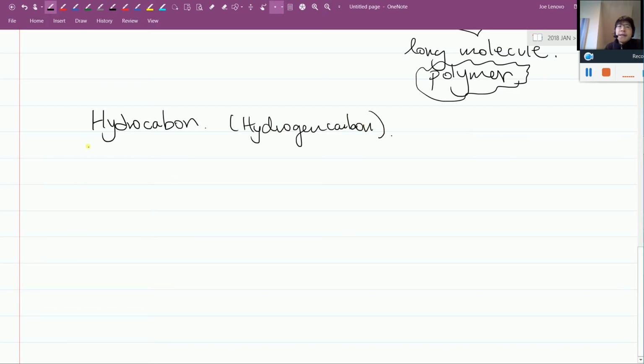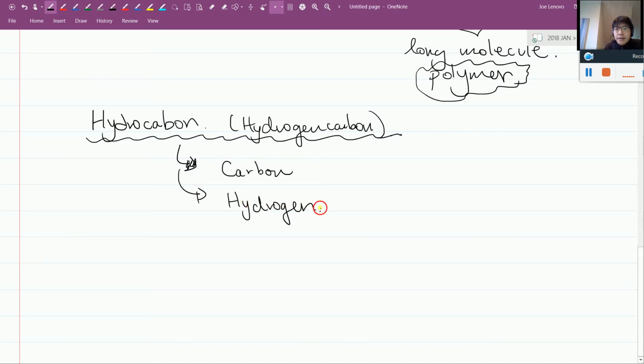Molecules, it basically means that in this particular group, you only have two types of elements: one is carbon, the other one is hydrogen. And just looking at those two, you will think, oh, that would be a simple situation.